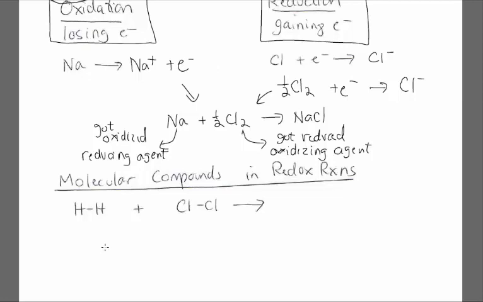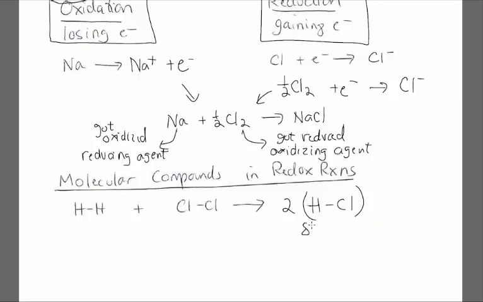Another type of reaction can involve molecular species, covalently bonded species, such as hydrogen and chlorine. Okay, because when you form HCl from hydrogen and chlorine, and of course you'd have to form two of them if you started with 2 hydrogens and 2 chlorines, we say that there is a dipole in the species.